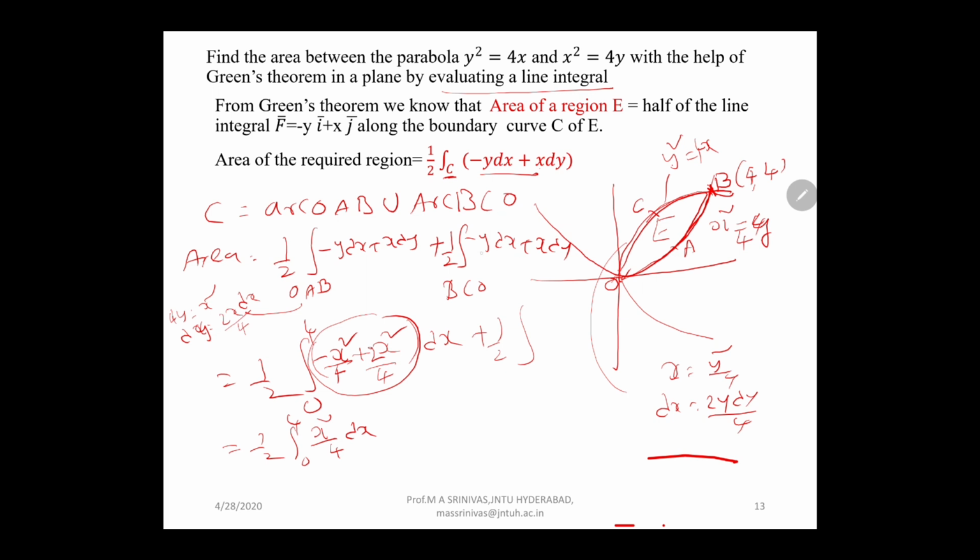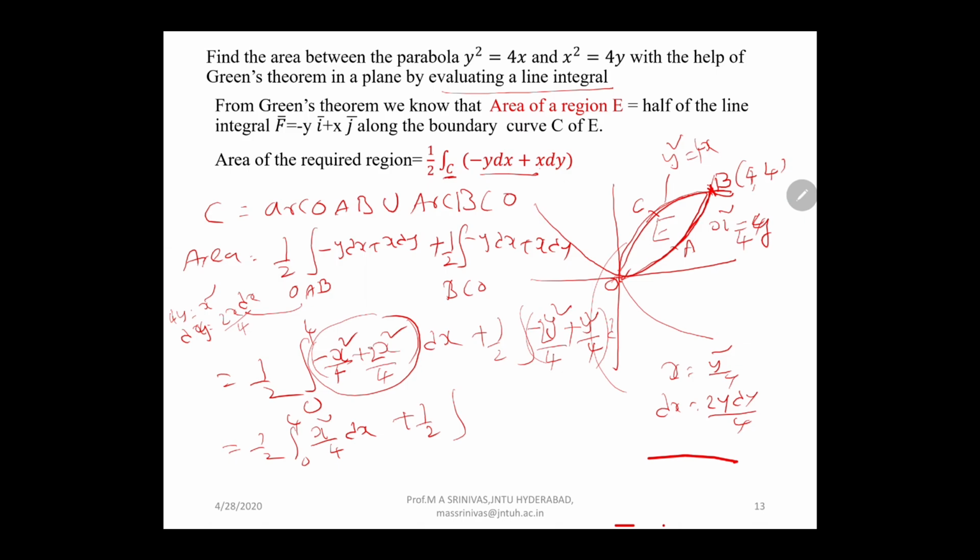So minus y I am keeping as this. Dx is 2y dy by 4, plus x is y square by 4 dy. The dy I am keeping as is.